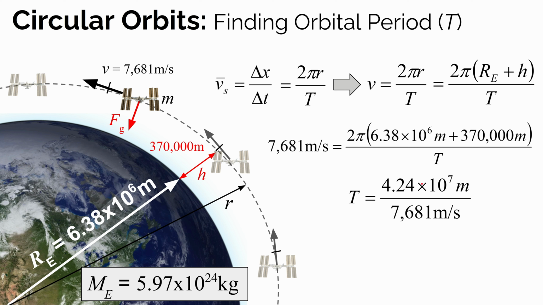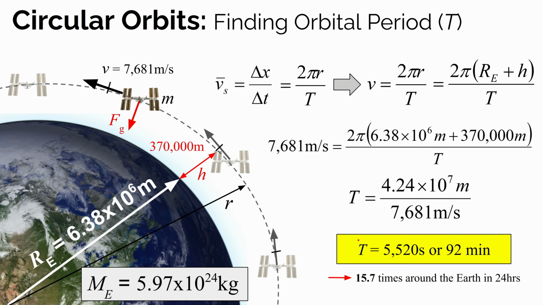If you divide the circumference by the velocity, you get the orbital period in seconds. Notice the meter units cancel. We're left with 1 over the inverse of seconds, which is just seconds. So the period is about 5,520 seconds, which is about 92 minutes. The International Space Station will travel all the way around the Earth once every 92 minutes.